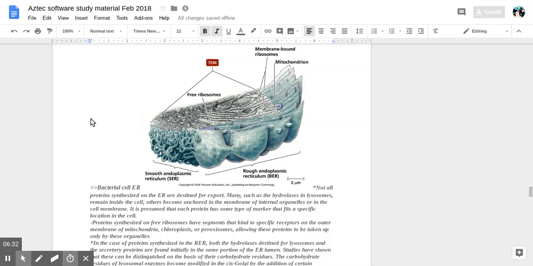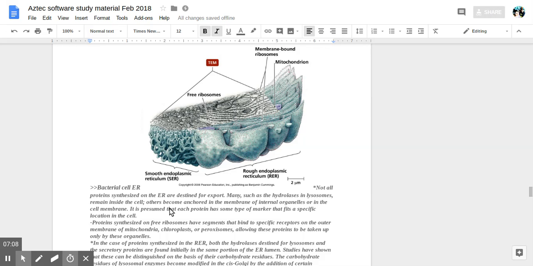It is presumed that each protein has some type of marker that fits a specific location in the cell. Proteins synthesized on free ribosomes have segments that bind to specific receptors on the outer membrane of mitochondria, chloroplasts, or peroxisomes, depending on where the proteins are supposed to be. So they're taken up by these organelles as a result of their markers.